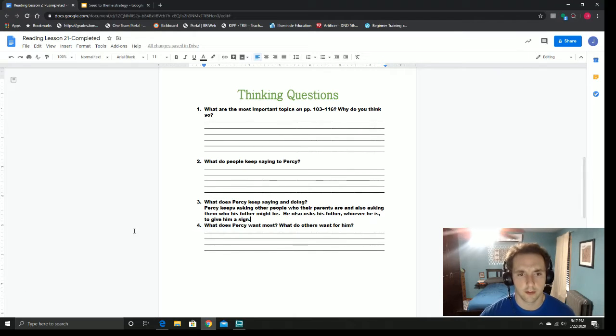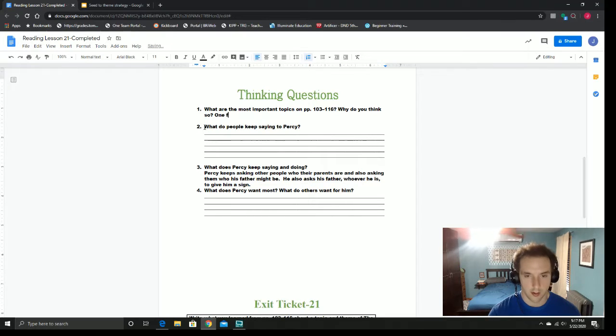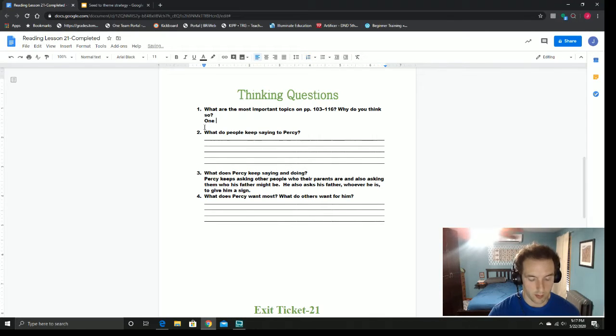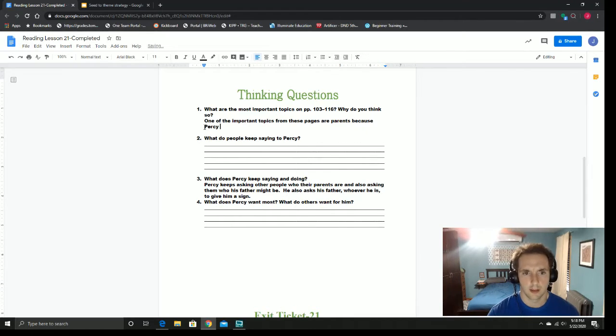And so actually, before we dive into question 2, I think that is going to lead to one of the topics. One of the important topics from these pages is parents, because Percy keeps asking about his and other people's parents.